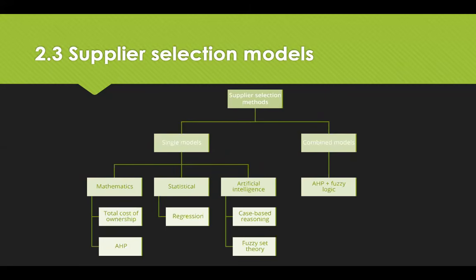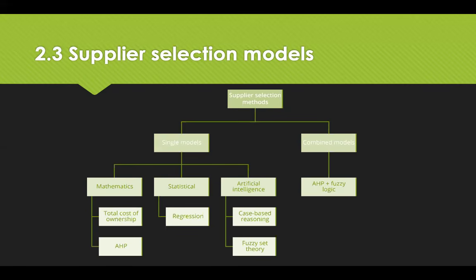You've then got statistical methods, which looks at regression, and artificial intelligence, the theory and development of computer systems that are able to perform tasks normally requiring human intelligence, such as case-based reasoning, a computer-based decision-making approach, and fuzzy set theory, which is an artificial intelligence technique that can be used in supplier selection. And then the combined models on the right-hand side, which has actually AHP and fuzzy logic combined.